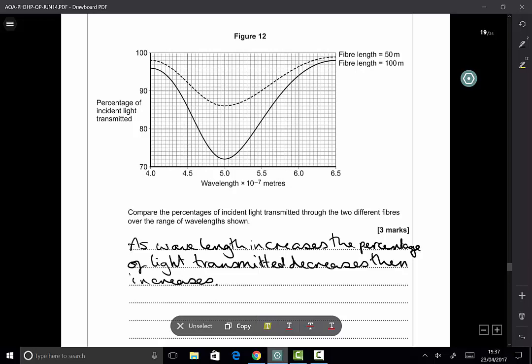Okay, then we can see that the minimum is at 5.0 times 10 to the minus 7 metres for both fibres.